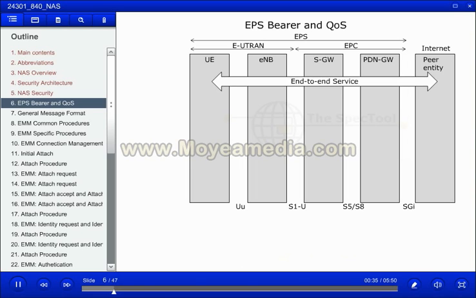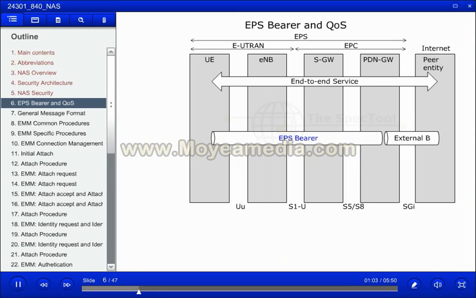This end-to-end service can be subdivided into an EPS bearer and an external bearer. The EPS bearer is the bearer that is, from a quality of service perspective, controlled by the mobile operator and defined by specifications developed by 3GPP.